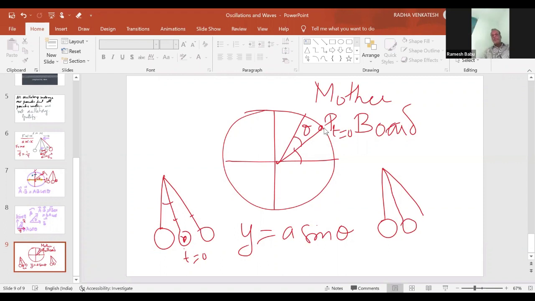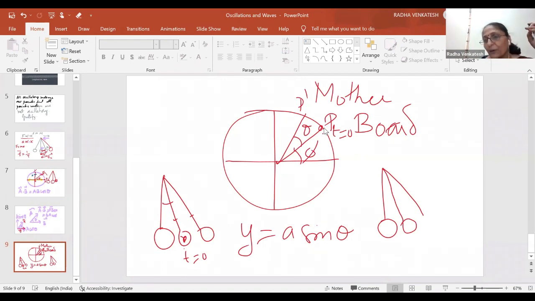But already, from its mean position, it had covered an angle phi. I did not see that phi. So my time starts from this point, P to P dash is my time. It has covered an angle theta, and before that it had already covered an angle phi from its mean position. Are we clear?